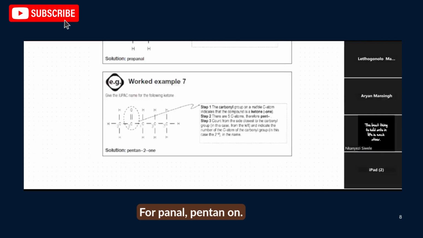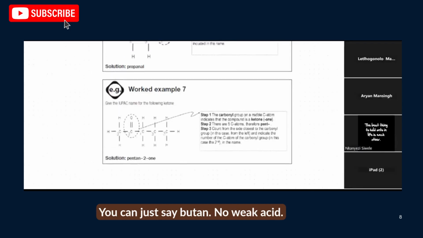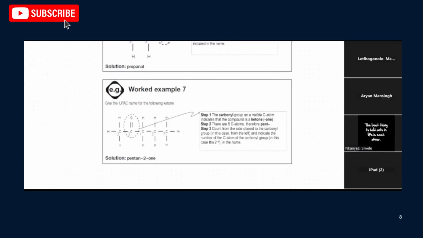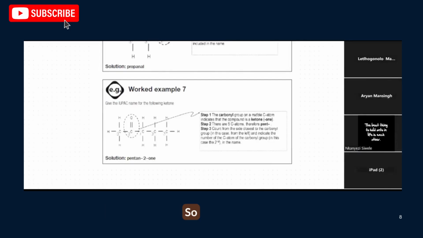Propanal, pentanone. Please add that extra. The other ones you saw, you don't need to. You can just say butanoic acid, butane. There's no adding of this extra "an." Right. So you have to show the position and write the suffix there.